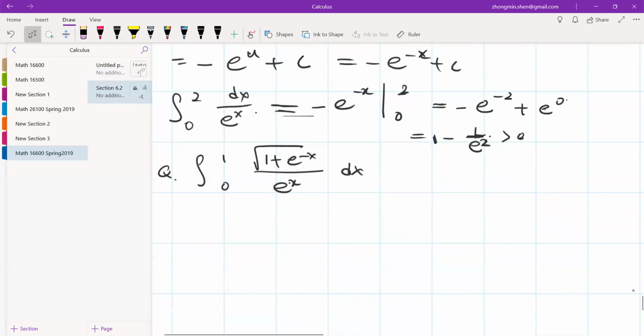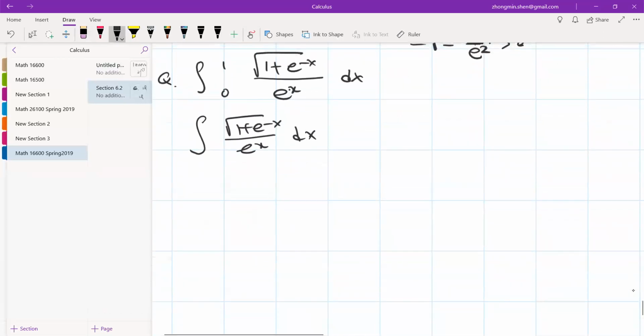Another one is you still keep the radical. Let's try a different one. So we're going to find the antiderivative of this integral, so you have to simplify it.